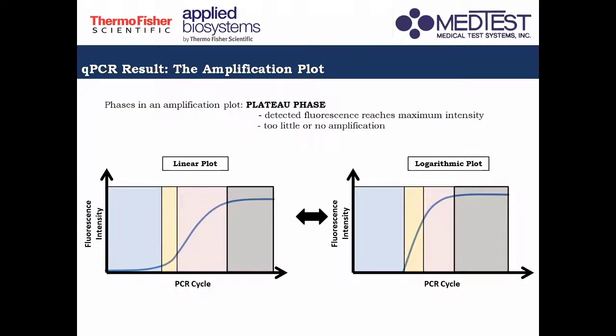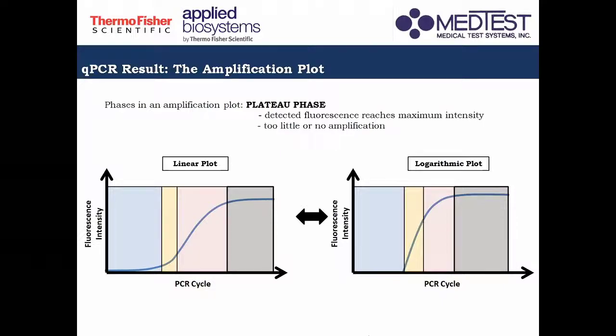Now, the last phase is the plateau phase. So at this phase, yung nade-detect na fluorescence ng instrument ay umabot na sa maximum. So ibig sabihin, wala nang nangyayaring amplification doon sa PCR run nyo. So wala na or too little.